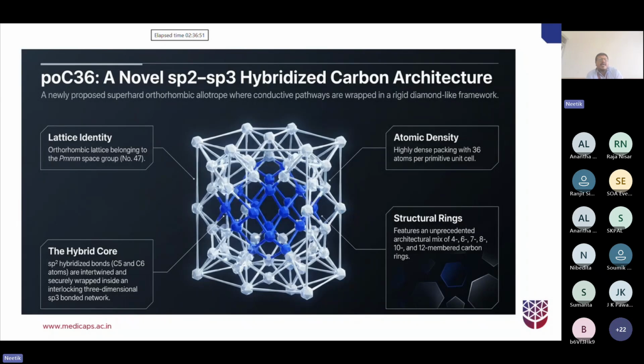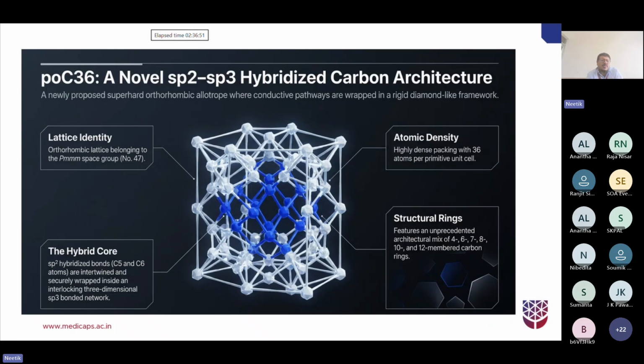So keeping that in mind, we were trying to design a material based on carbon atoms or carbon allotropes, where the conducting properties increase with an increase in pressure.